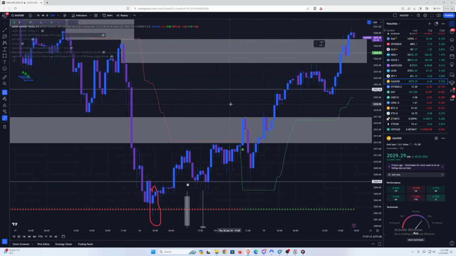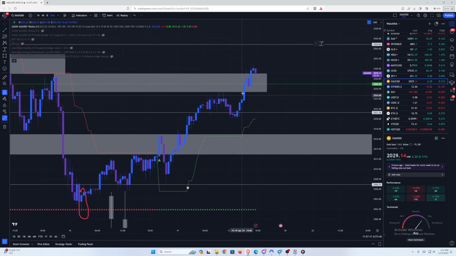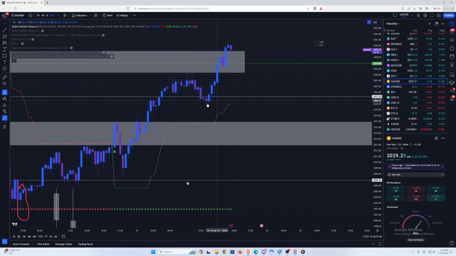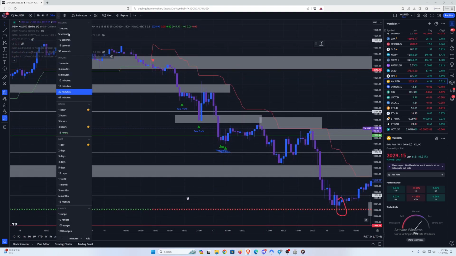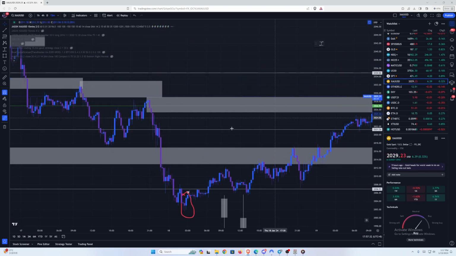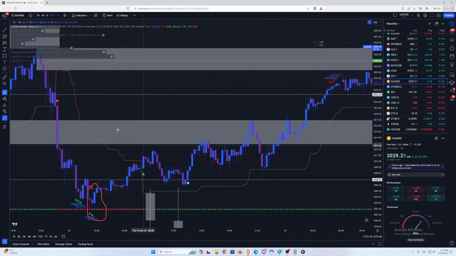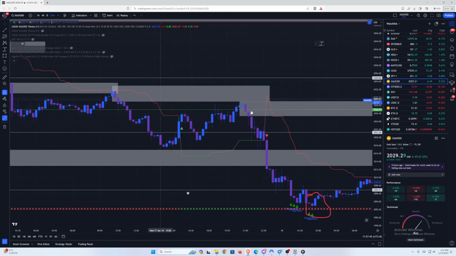The other one is supply and demand zones. If price goes into a supply and demand zone, like for example in here, okay, how to read supply and demand zones? You can read it by 30-minute time frame, but the best is 15-minute time frame, I would suggest. So for example, price was in here, right, and it went into this area, into the supply zone, okay, and at this time, this wasn't in here.